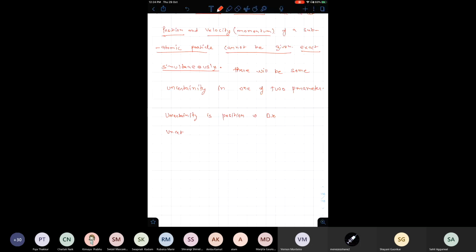Uncertainty in momentum is given by delta p. The product of the two will always be greater than or equal to h upon 4 pi. That is equal to a constant.